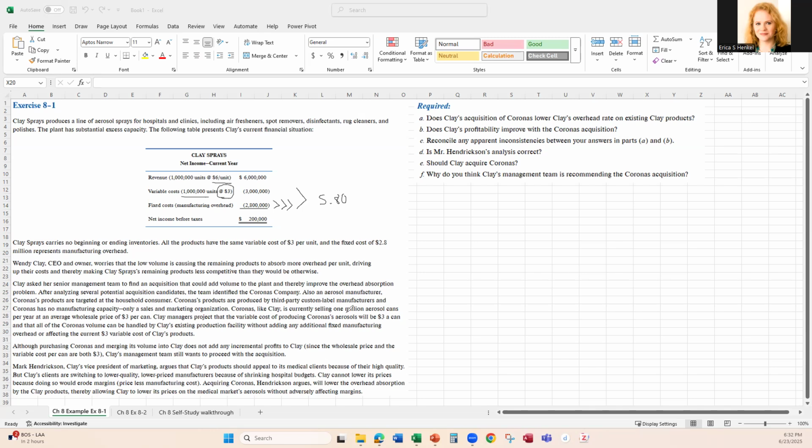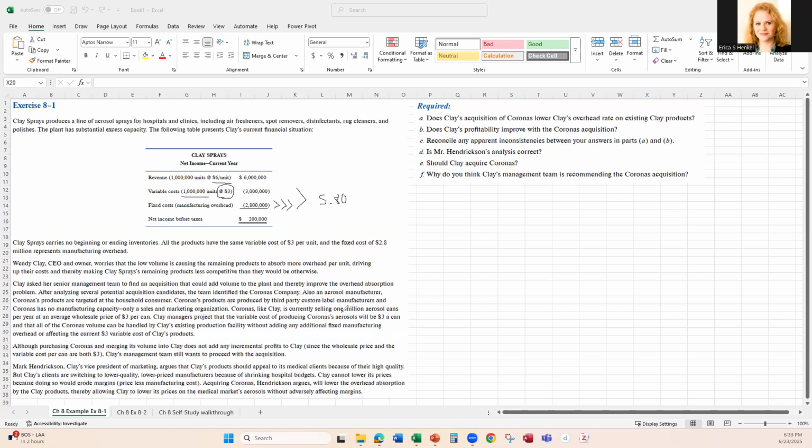So the company decides that they want to look for another company that they can merge with or purchase, so that they could expand the utilization of their manufacturing facilities and distribute those overhead costs over a larger number of units. There's a competing product company called Coronas that makes lower end items but can use the same type of manufacturing equipment.